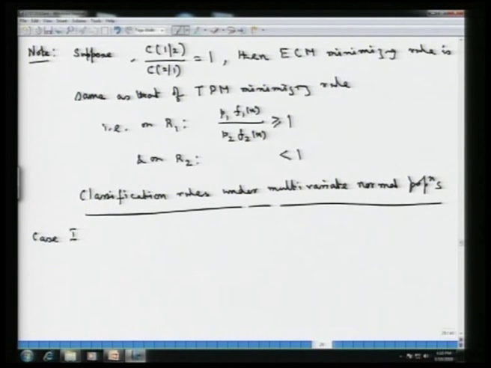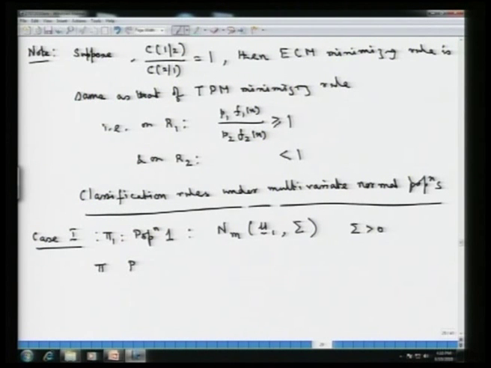In the first case, we look at the two populations as follows. Population 1 is a multivariate normal, say of m dimension, with a mean vector equal to mu 1 and a positive definite covariance matrix equal to sigma. So, sigma is assumed to be positive definite, and this in our notation is the pi 1 population.